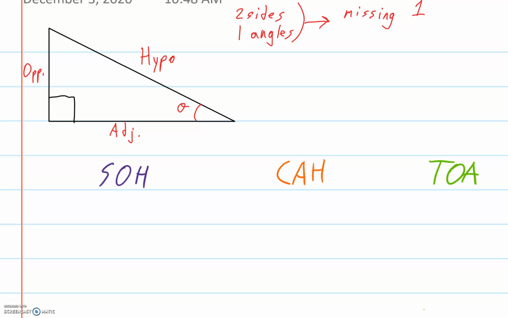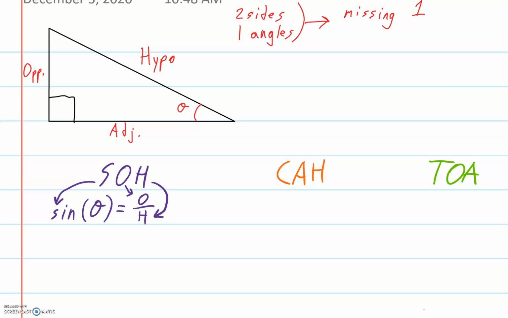Now, it's just an acronym to help you remember the rules here, and these are the basic equations. Sine starts with an S. Sine of the angle equals opposite over hypotenuse.